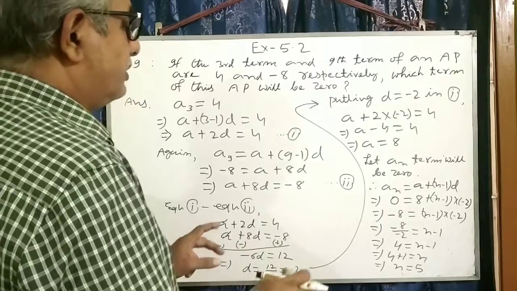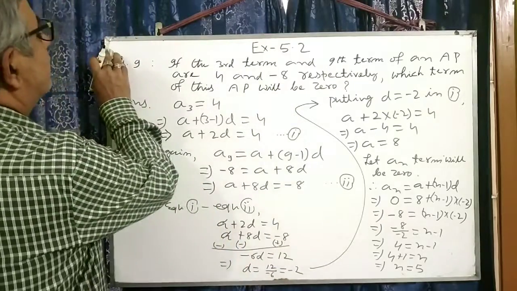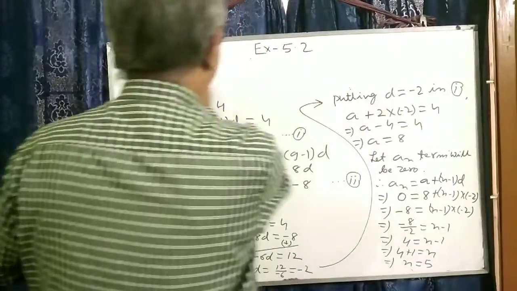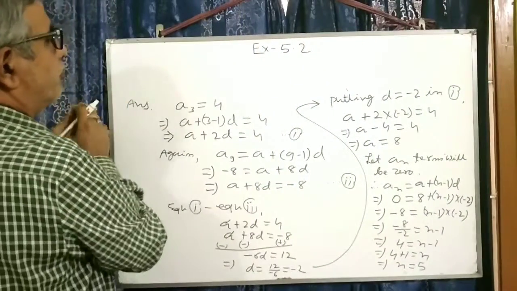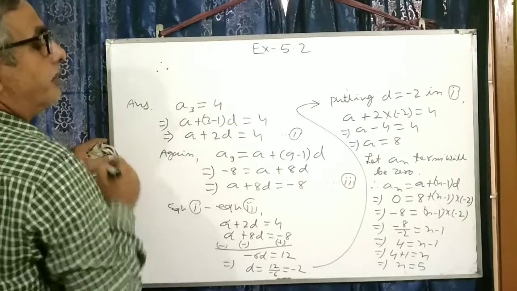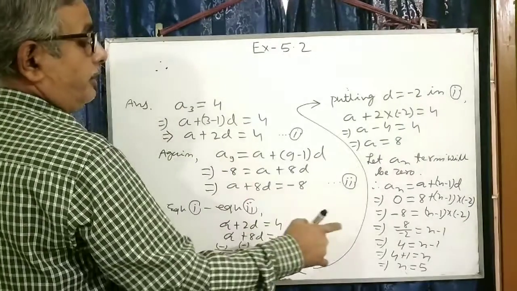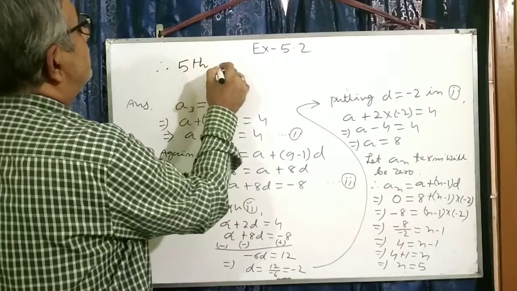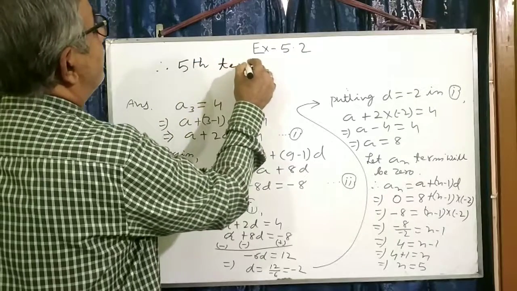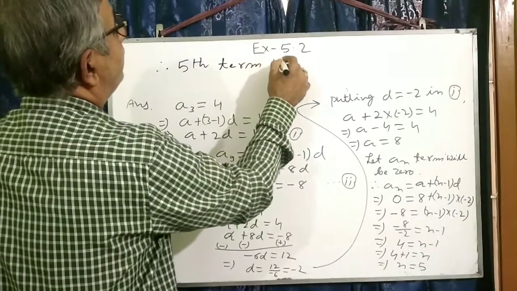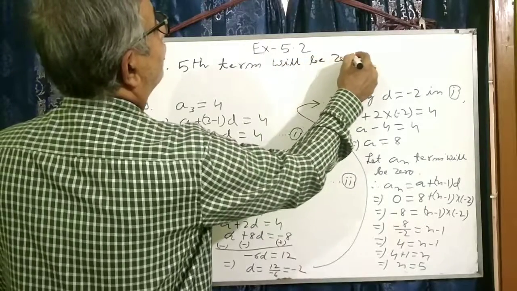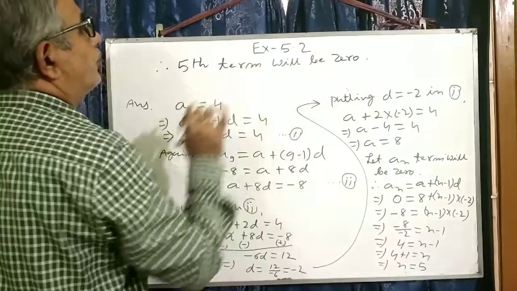In the last, we don't have space, so I am rubbing here. Therefore, you are supposed to write, nth term is fifth term. Fifth term will be 0. Finish. This is your answer.